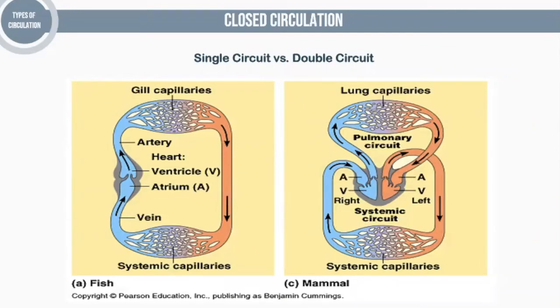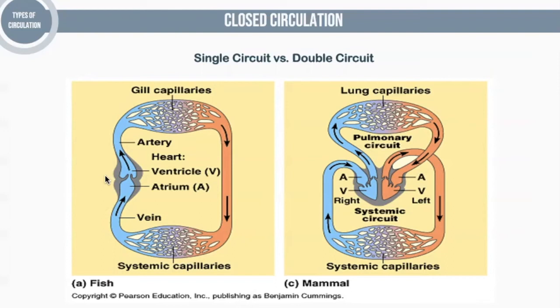What happens here is that the blood, or the circulating fluid, will make a single circulation throughout the vascular system, where the blood is being pumped from the heart to the gills, the respiratory apparatus, and where this oxygenated blood will then flow to be distributed to the body and then back to the heart.